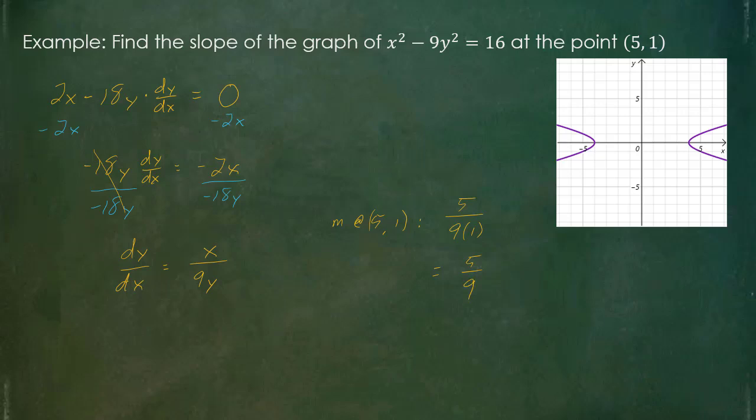So if we went over to our graph, we would be able to see at that point 5, 1, that tangent line does seem reasonable to come back as a positive number. Let's see if I have enough here to do a rise over run of 5/9. So I've got 1, 2, 3, 4, 5 down, and 9 over. Looks like it would be right about there if I counted that right.